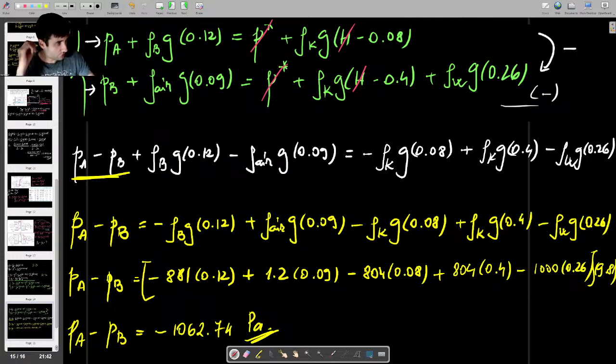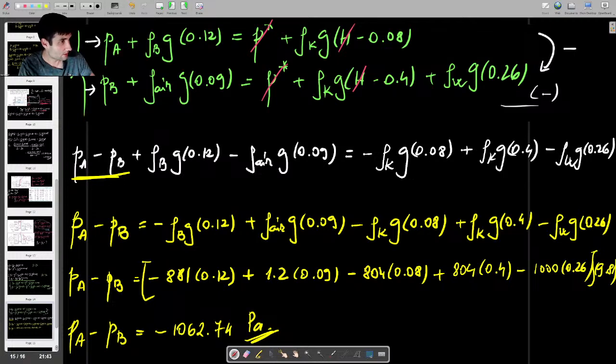Okay, so yeah, this seems to be the pressure difference between points A and B. So we have about 1062.74 pascals between the two pipes, pretty much.